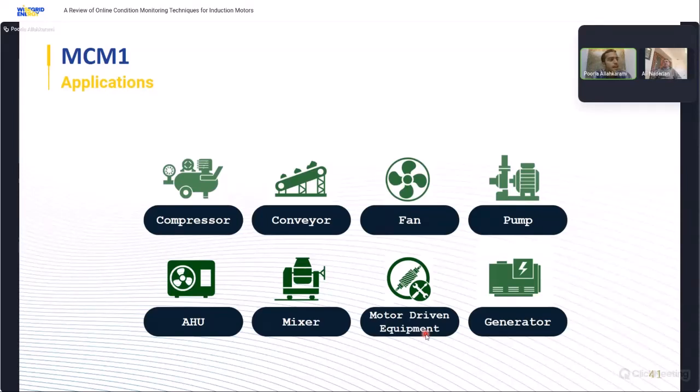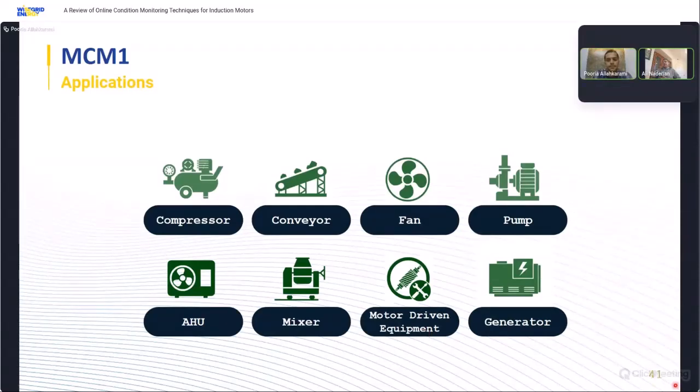But the algorithm we discussed will usually be used for induction motors, and this device can detect the fault in the induction motor and give you a percentage-based fault detection. Yeah, so the analysis is a little bit different, but it records all the electrical and mechanical parameters you need.